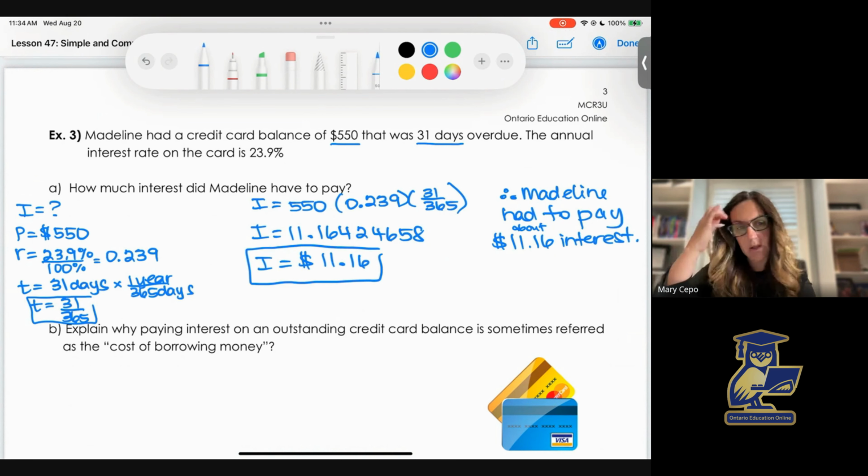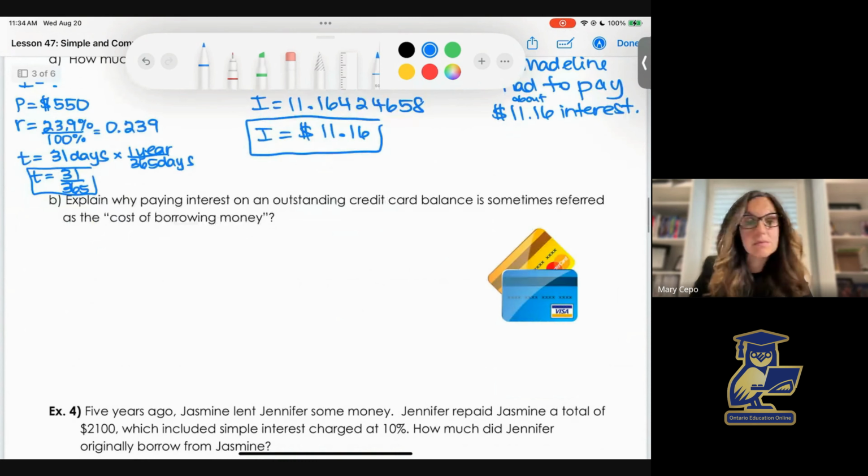Okay. Explain why paying interest on an outstanding credit card balance is sometimes referred to as the cost of borrowing money. Okay, so that interest is basically the fee of spending using your credit card.